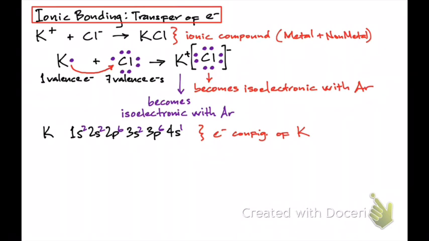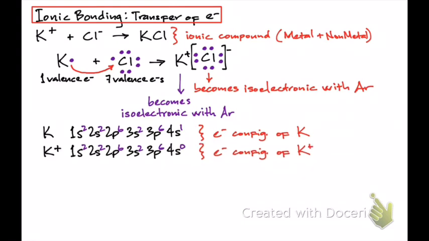Then this potassium atom will lose one electron, and that would be coming from the 4s sublevel. So we will lose this electron here. And now you have this electron configuration for the cation, the potassium ion. So it's 4s0. That tells you that the 4s is now empty.